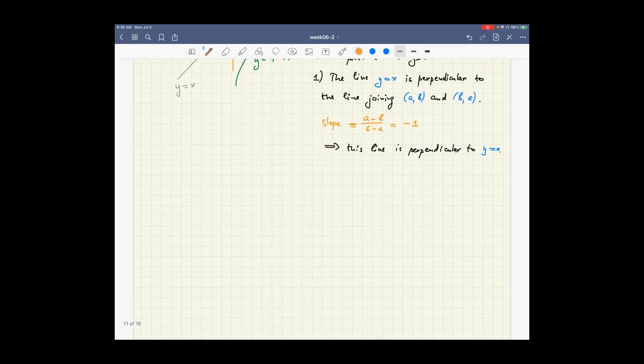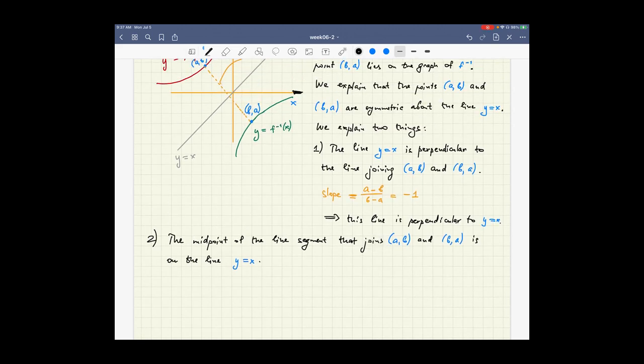And the second thing that we show: how do we find the coordinates of the midpoint of that segment?